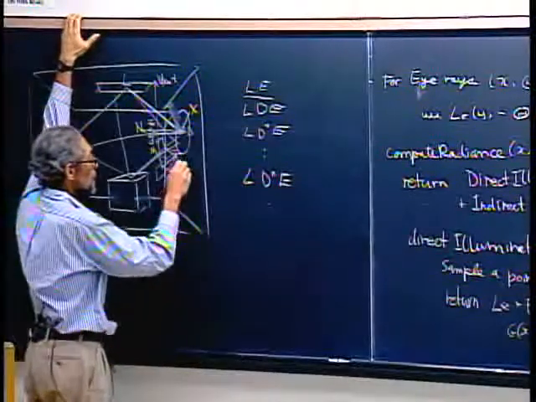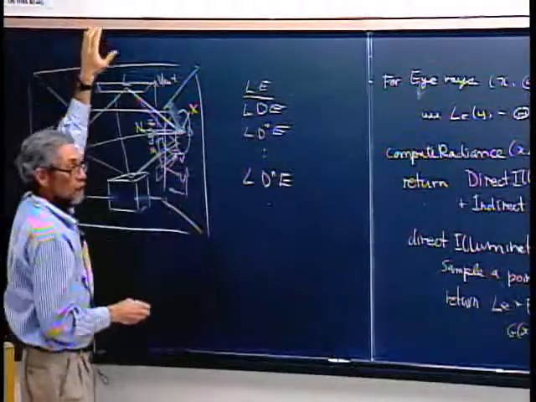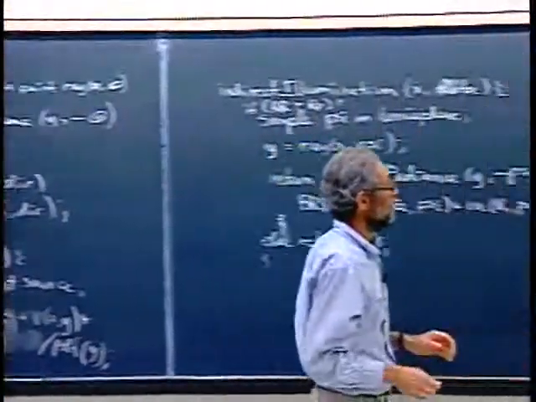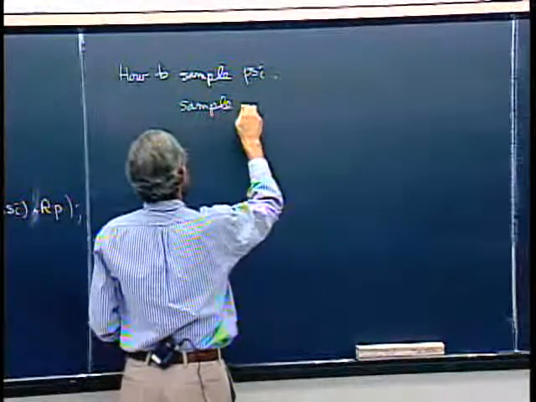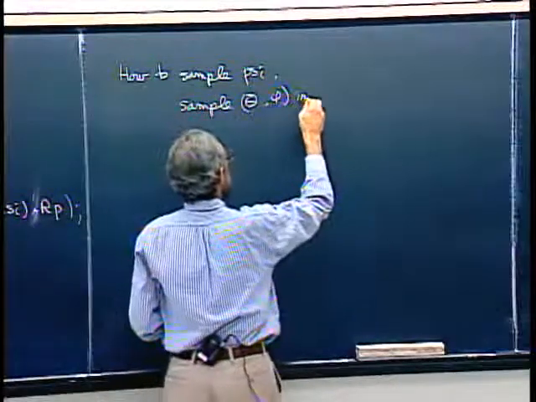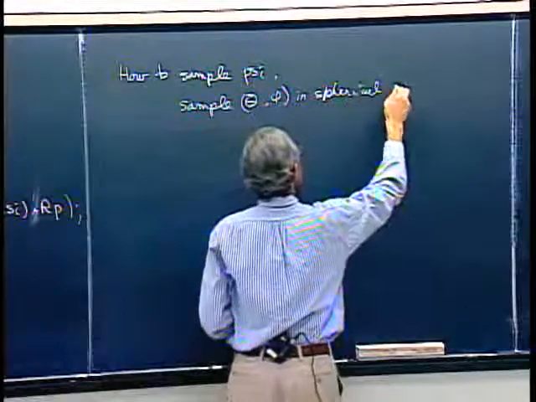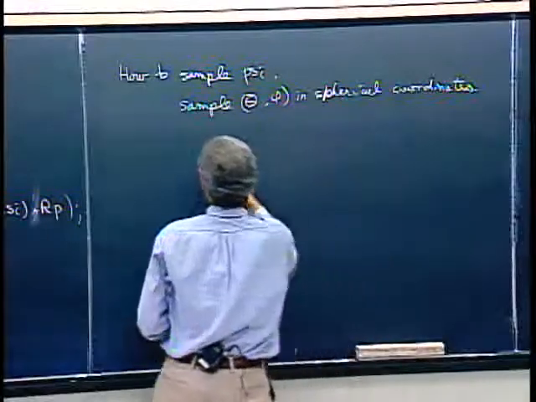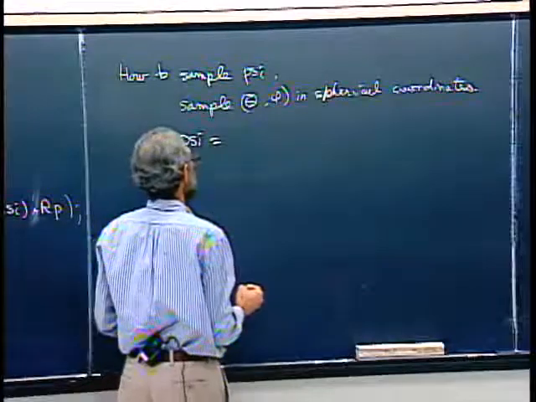actually, why don't I call them n, capital U, and capital V, right? And then what I can do is to sample theta and phi in spherical coordinates, and let psi equal.